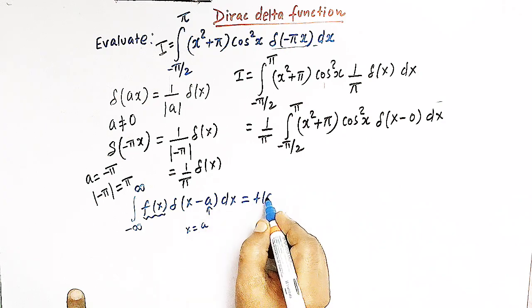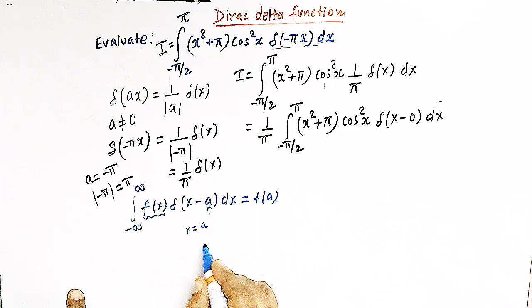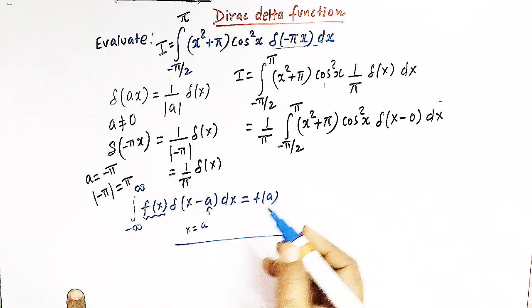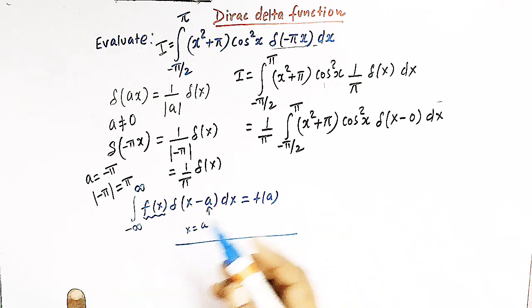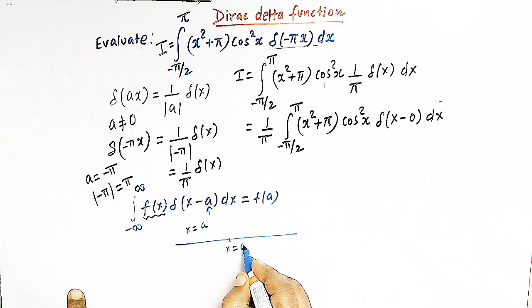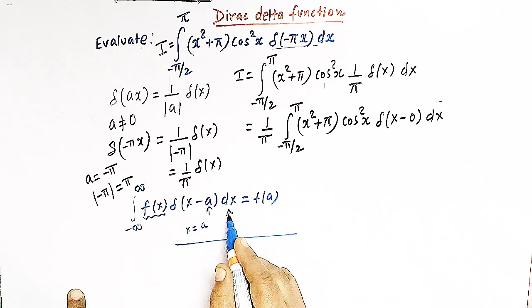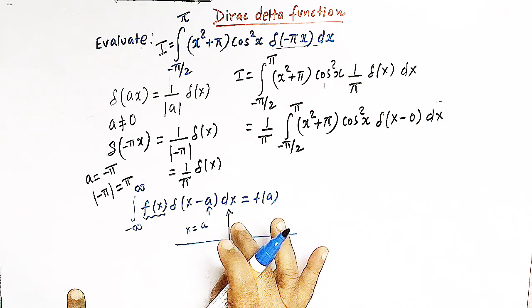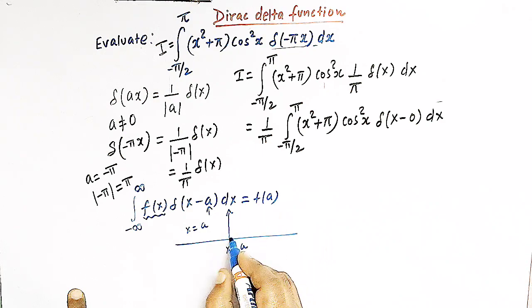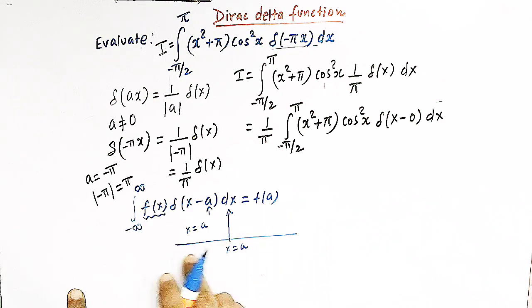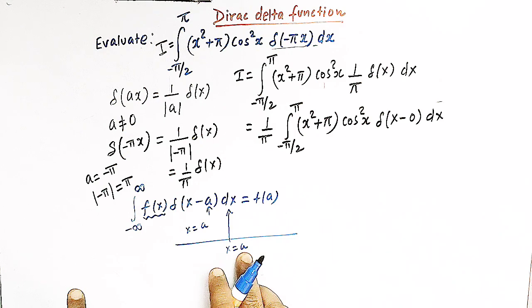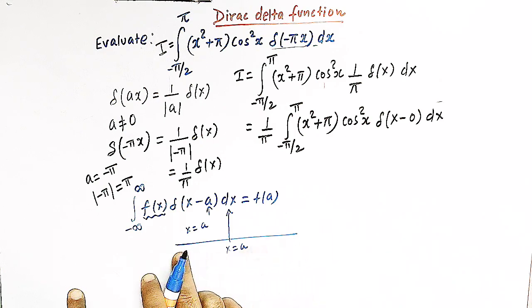So here we have f of a, because we know that the delta function is 0 everywhere except at the point a. Here we have the peak of the Dirac delta function, and it has value only at this point, and except at this point the delta function is 0 everywhere.